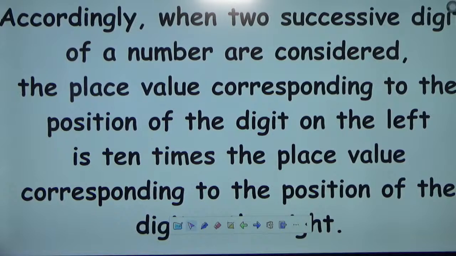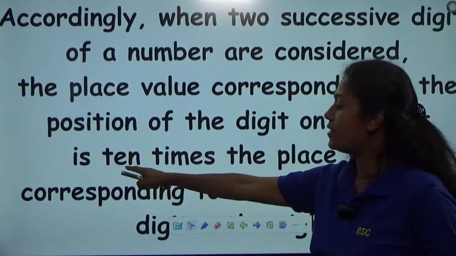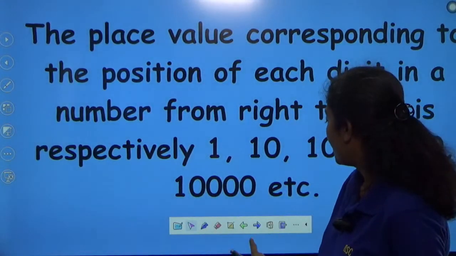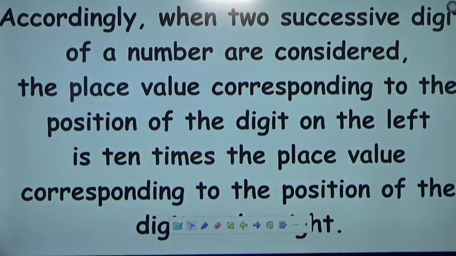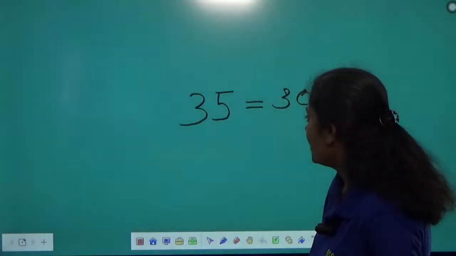Accordingly, when two successive digits of a number are considered, the place value corresponding to the position of the digit on the left is 10 times the place value corresponding to the position of the digit on the right. You have to identify this one and remember it. What does it explain?